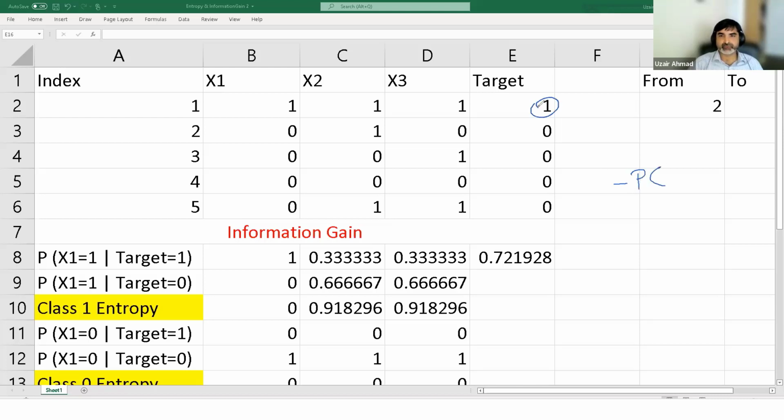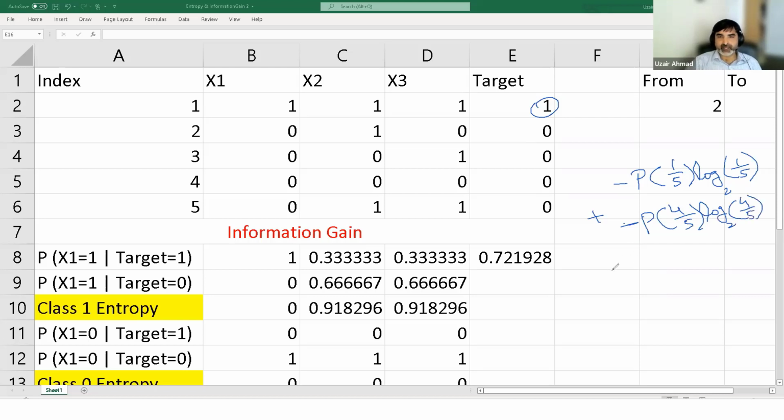So what is the probability of 1 in this data set? 1 by 5, multiplied by log base 2 of 1 by 5. And then we add this with another amount, minus the probability of zeros, which is 4 by 5, multiplied by log base 2 of 4 by 5.